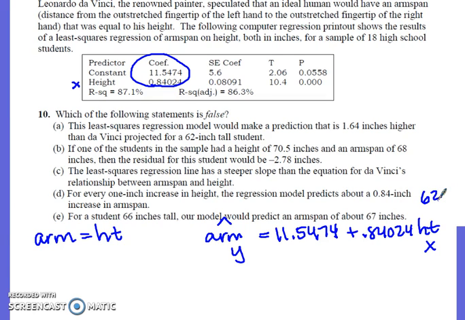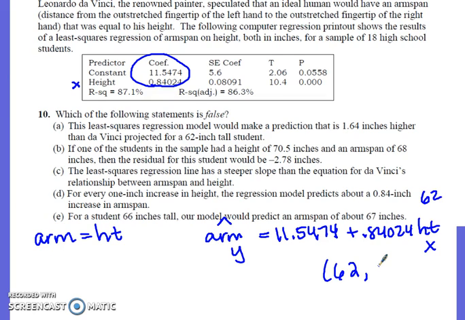I don't know that I wrote this down. Oh yeah, I did. So when I plugged in 62 into this equation, I ended up with, that's not right, let's do it again. 11.5474 plus 0.84024 times 62. Oh, this said go to.